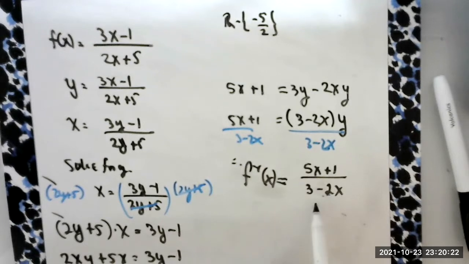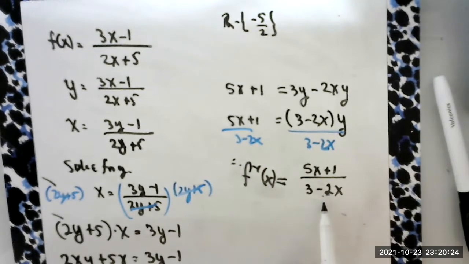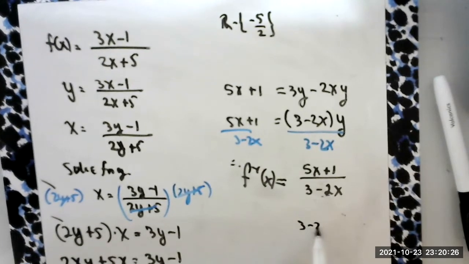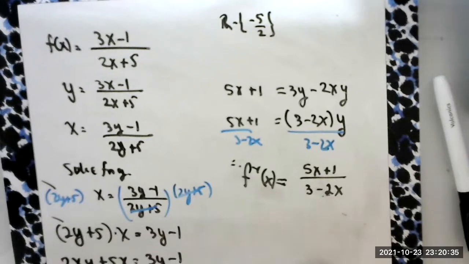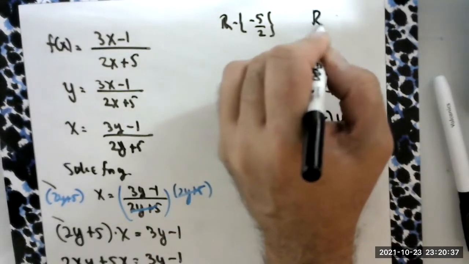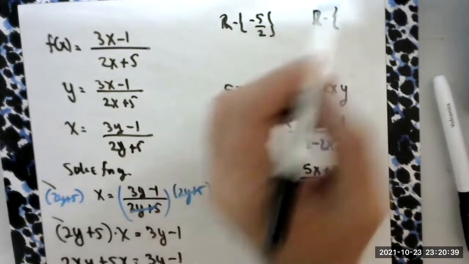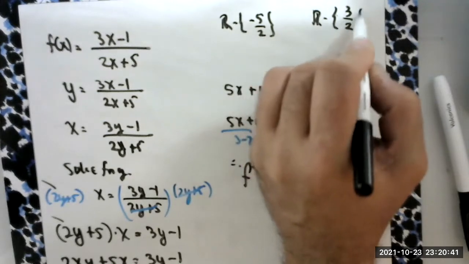What is the domain? Of course, my denominator cannot be 0. So when 3 minus 2x equals 0, I can add 2x, divide by 2. So x cannot be 3/2. So the domain will be all real numbers except 3/2.